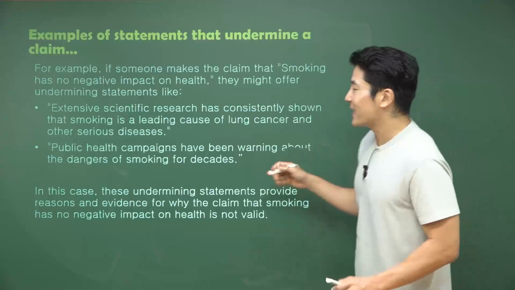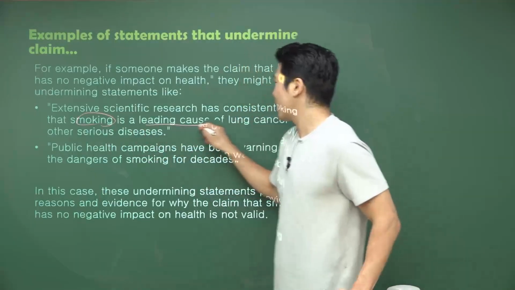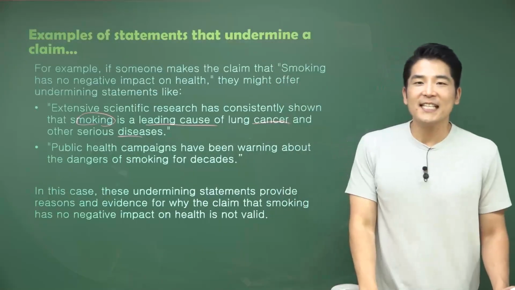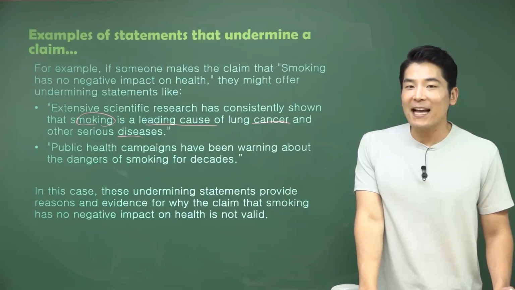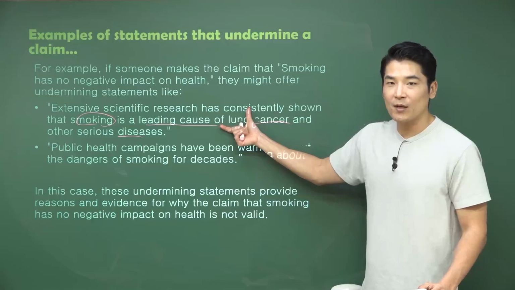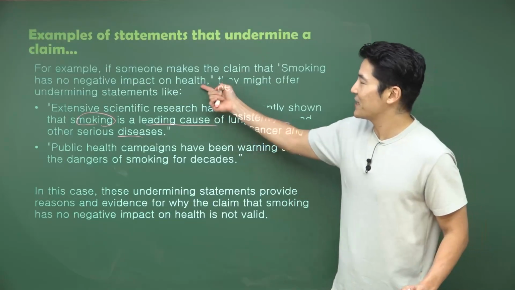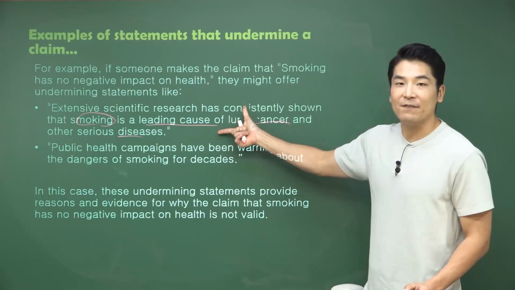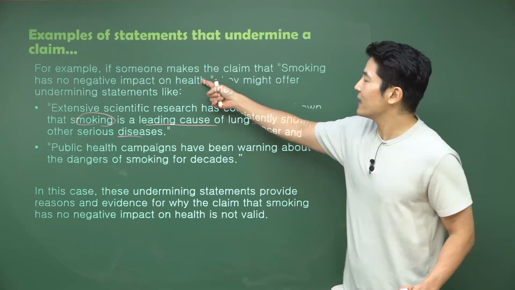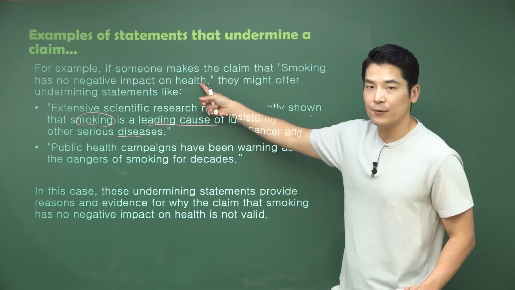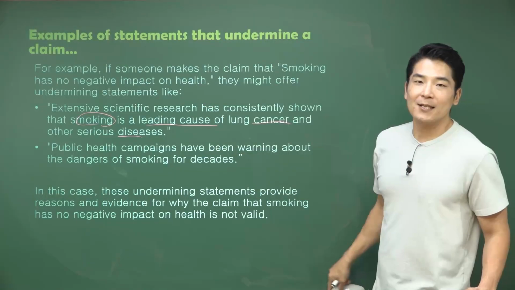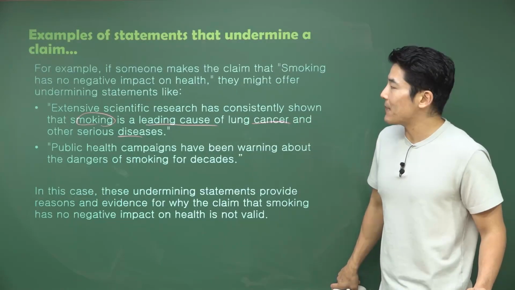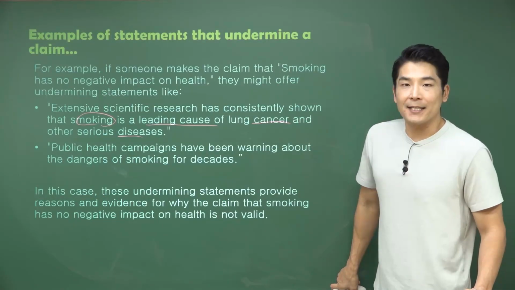This is basically saying, wait a second, smoking can make you sick. If this were true, wouldn't that attack this claim? Wouldn't you believe the claim to be less likely to be true or less convincing? Absolutely. So this is what a statement that undermines does.